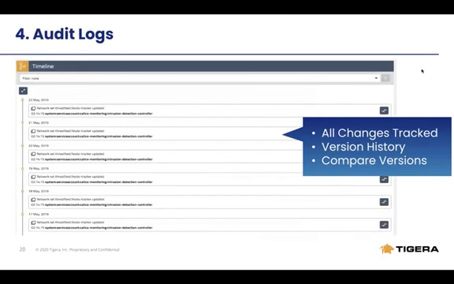Next, audit logs. Especially in a multi-tenant environment, you want to make sure that you have a trail record of all the interactions that happened with the systems. You have a version history. You can compare versions. Here we're talking about the network policies that were created, who did what when, and what really happened.